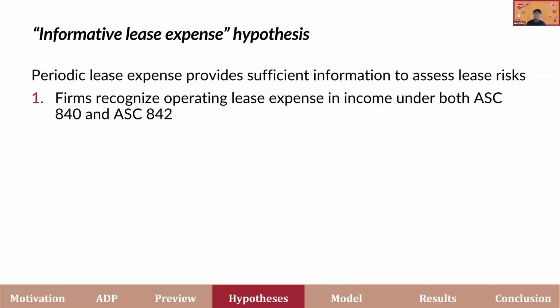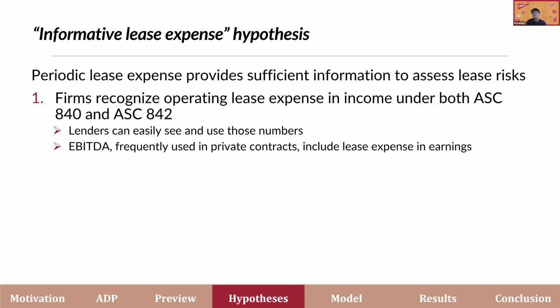First, we know that firms recognize operating lease expense in the income statement as part of operating expenses under both the new and old accounting regime. Lenders can easily plug those numbers into their pricing models if they conceive of those measures to be helpful.